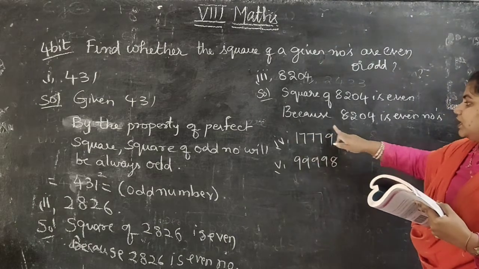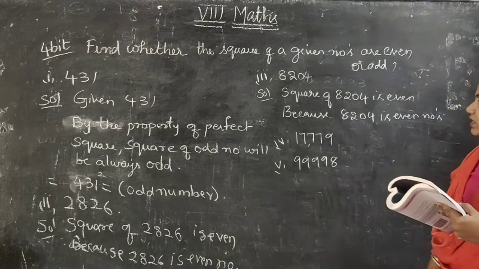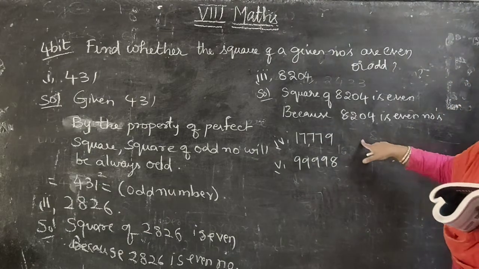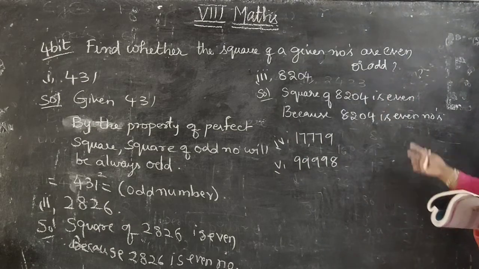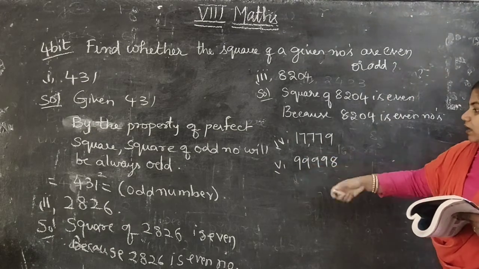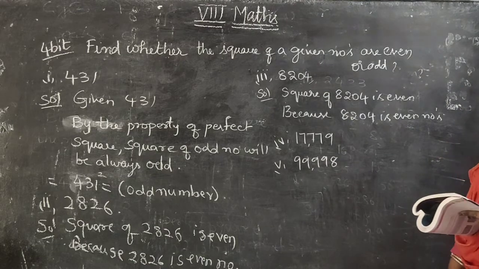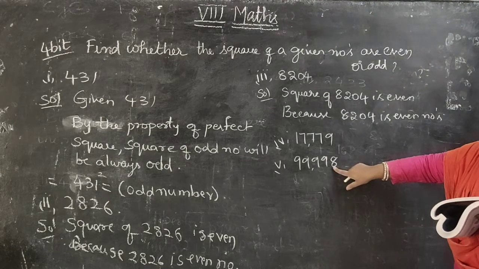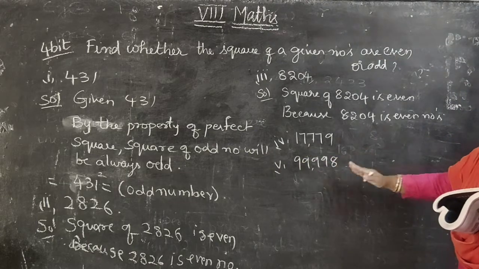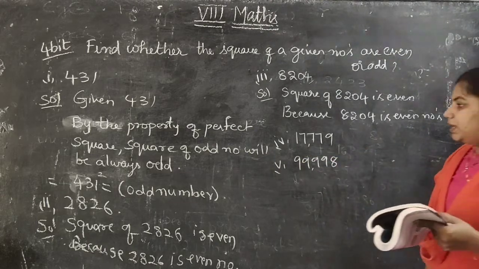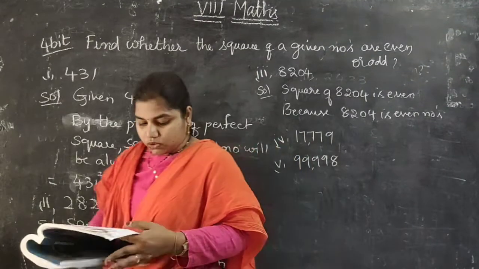This whole term, 17,779, is an odd number. So if you square this odd number, again the result will be an odd number itself. Write it in a sentence. And the last one is 99,998. This is an even number. So if you square an even number, again the result will be an even number itself. So try these two as homework.